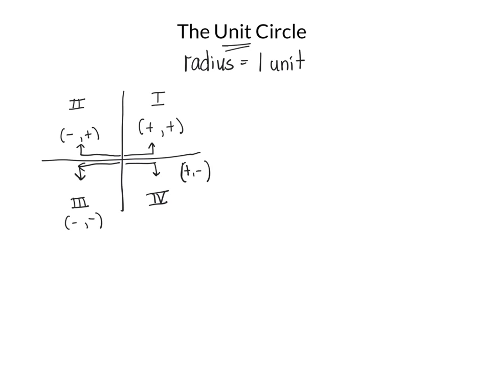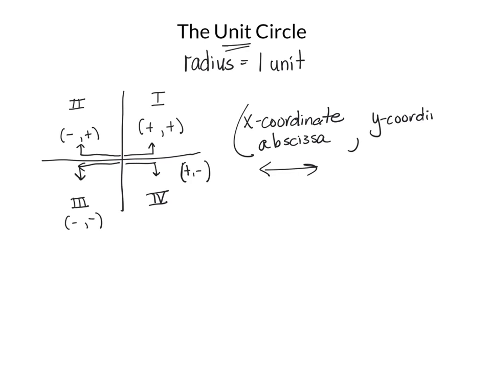So our x coordinate, or what we call the abscissa, tells us our left or right motion, whether it's positive or negative. And then, of course, the y coordinate, or the fancy name, if you will, is called the ordinate, is our up or down motion.